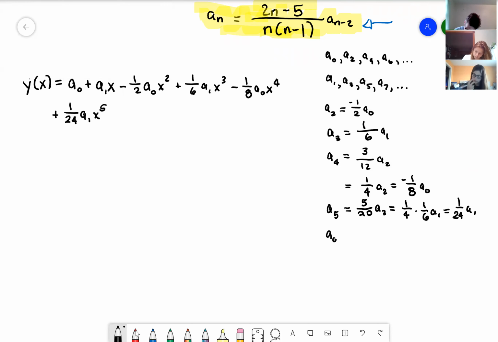So a6 is equal to 12 minus 5 is 7, over 6 times 5 is 30, times a4. Now a4 is 7/30 times negative 1/8 a0.